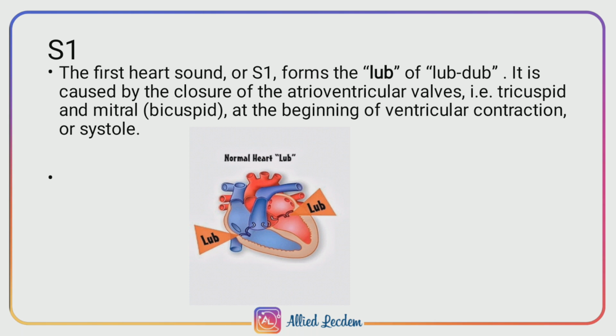S1. The first heart sound, the lub sound, is produced at the beginning of ventricular systole, otherwise called isovolumetric contraction. We all know that it is caused by closure of the atrioventricular valves, which are the tricuspid and mitral valves. But there is a concept behind it.